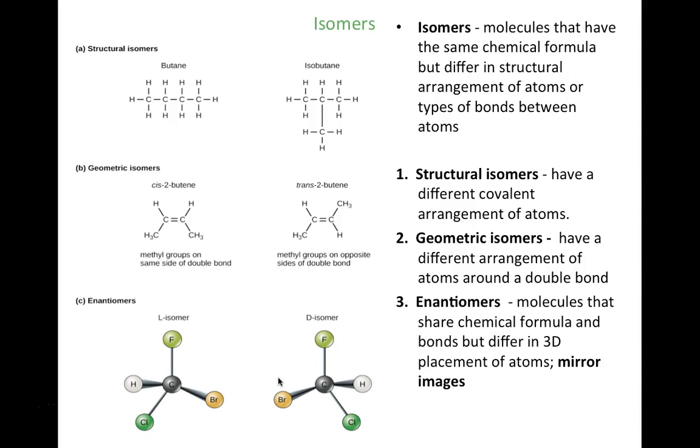So we can see in the illustration of cis-2-butene and trans-2-butene a structure that we call a functional group, called a methyl group. If the methyl groups are on the same side, we call that cis-2-butene. If they're on opposite sides, we call it trans-2-butene. Again, that brings back the concept we just introduced in the previous slide about cis and trans.